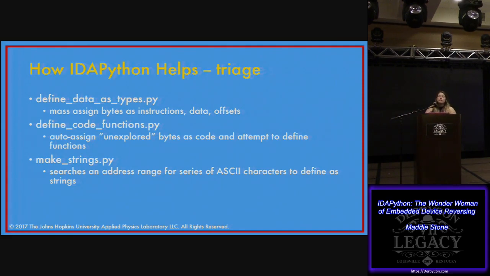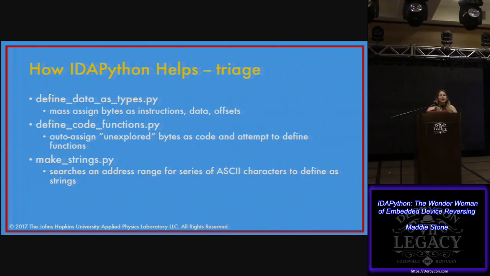The next one is define code and functions. One of the things I use first is to say, hey, I know this area within my image is ROM. Let's see what happens if I try and define it all as functions and code. This one does use processor-specific regular expressions to say, this is the prologue I'm looking for, this is the epilogue I'm looking for, to be a little bit smarter, so that you don't just get everything forced as such.